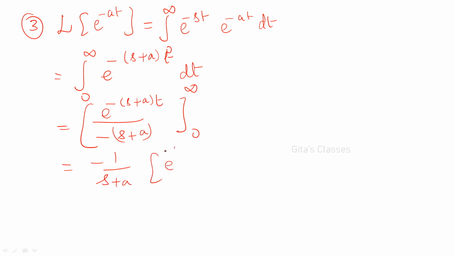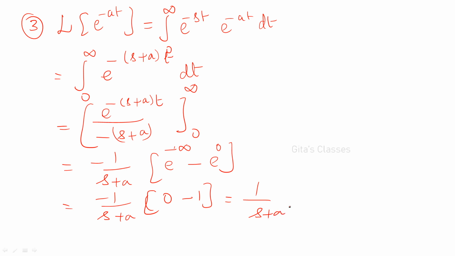If you substitute the limit, e power minus infinity minus e power 0, that is minus 1 by s plus a into 0 minus 1, therefore it is 1 by s plus a. Therefore L of e power minus at is equal to 1 by s plus a. Again, this is important.